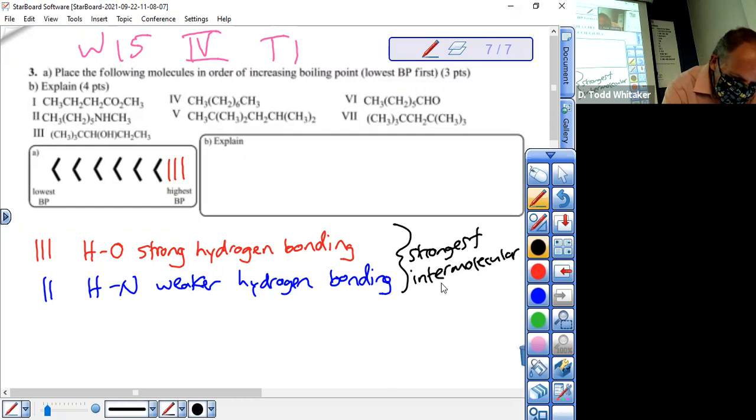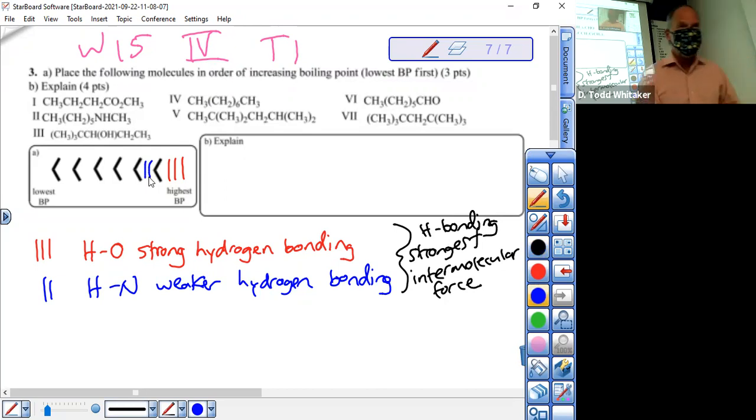Intermolecular force. H bonding. So that's why we put 2 second from the end. And if you're like me, if I cross them off after I talk about them, then I can move on.